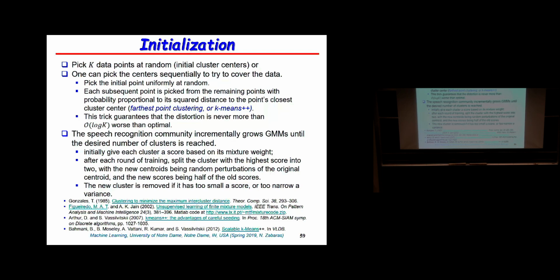And there are multiple versions of this EM algorithm for Gaussian mixtures, even in the starting point. An algorithm that is very typical to initialize with k-means is called furthest point clustering.